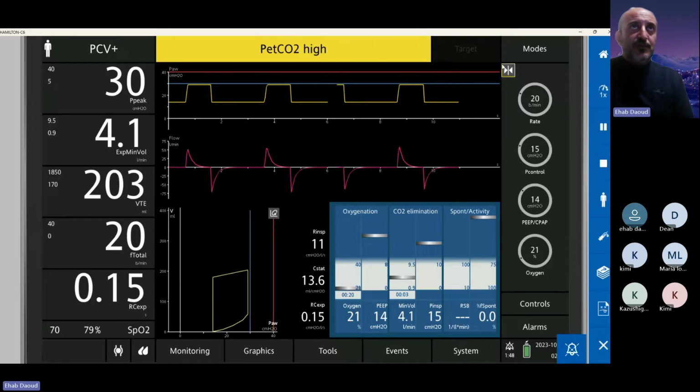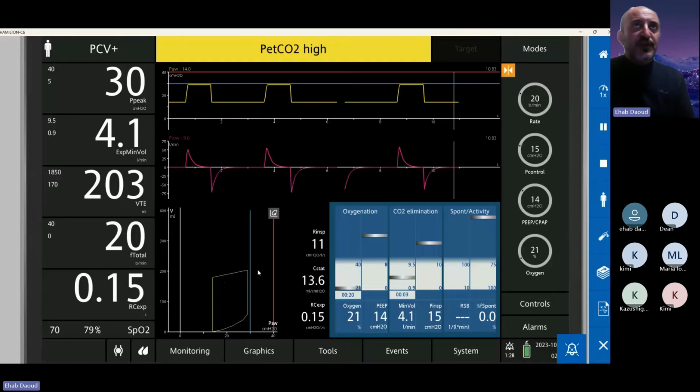Let me see if I can pause this. There, you can divide it almost in half, like here. This is the resistive part, and on the left here will be the elastic part, and the elastic will be the PEEP part and the tidal volume, if you remember those things.